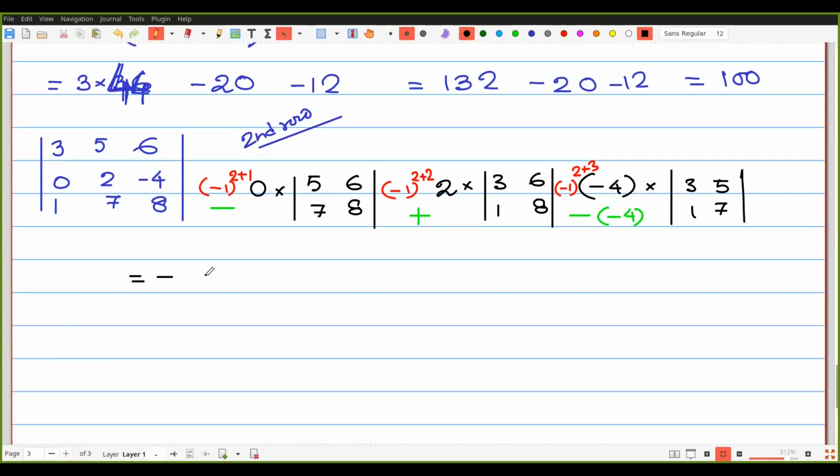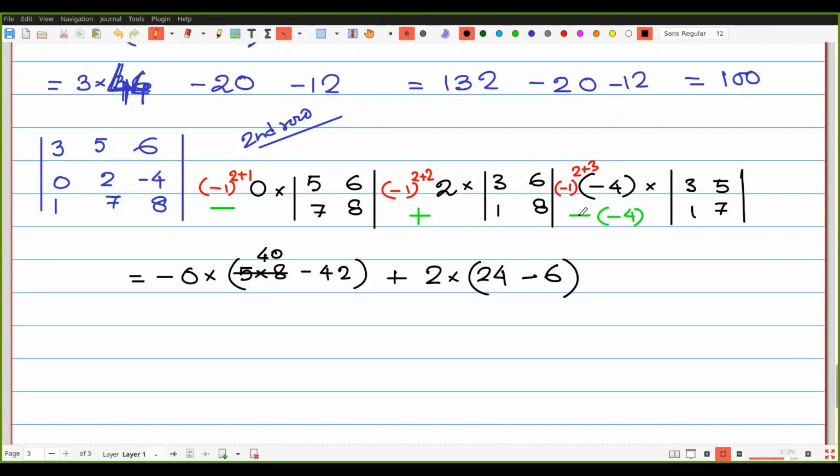The first one is 0, but I am once again finding the value: 5 into 8 minus 42, that means 40 minus 42. Plus 2 into 3 into 8, that is 24, minus 6.